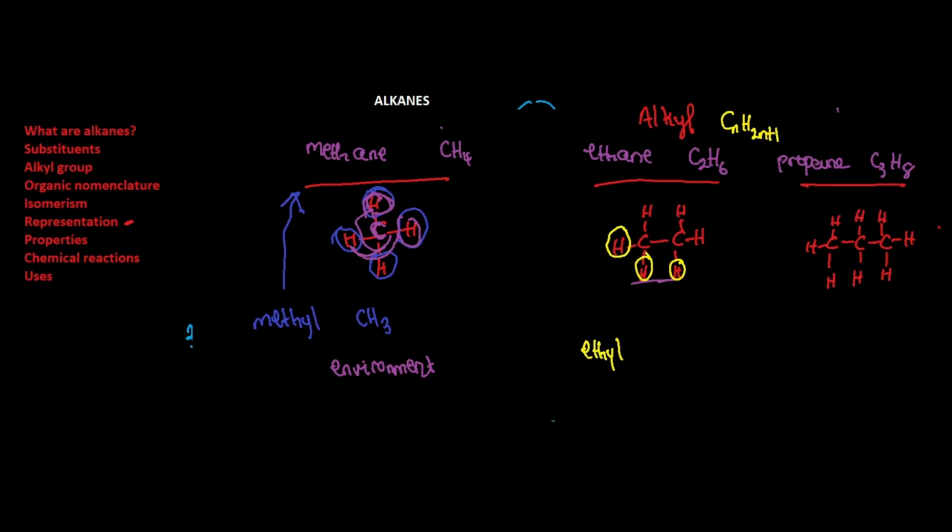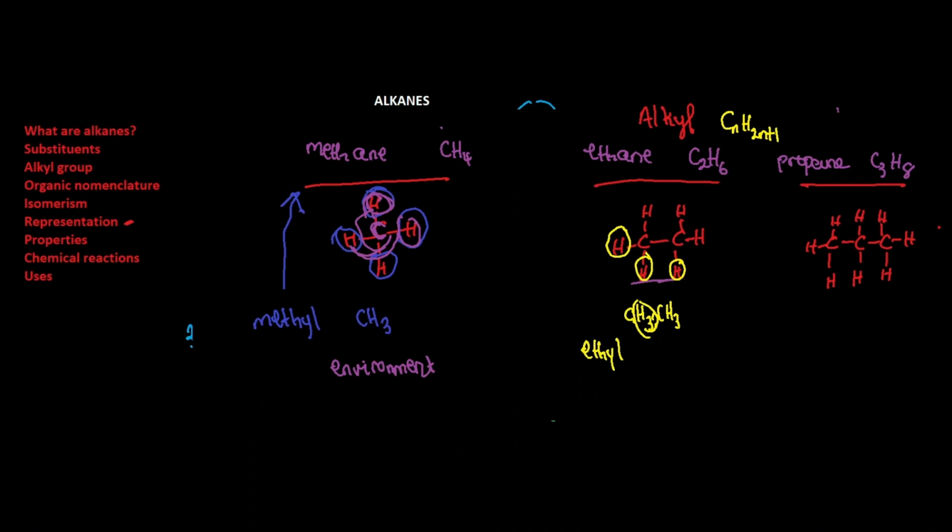Let's take a look at the condensed formula. The condensed formula for this is CH3CH3. Now notice that 3 hydrogens are attached to each of the carbon atoms, so the environment is the same.